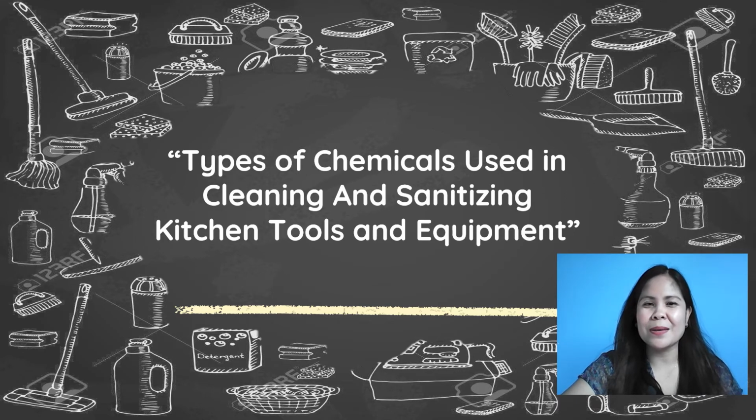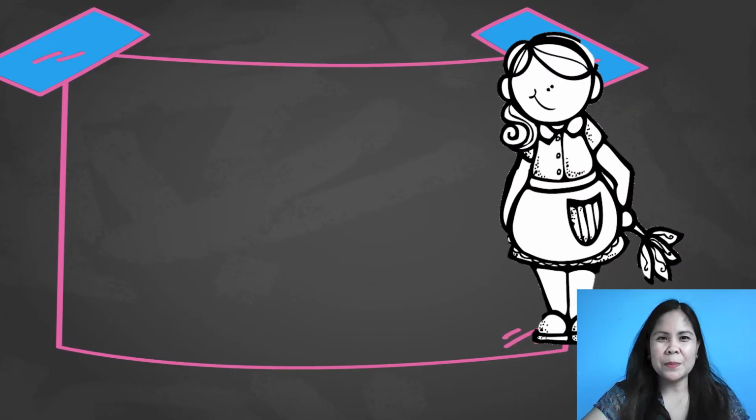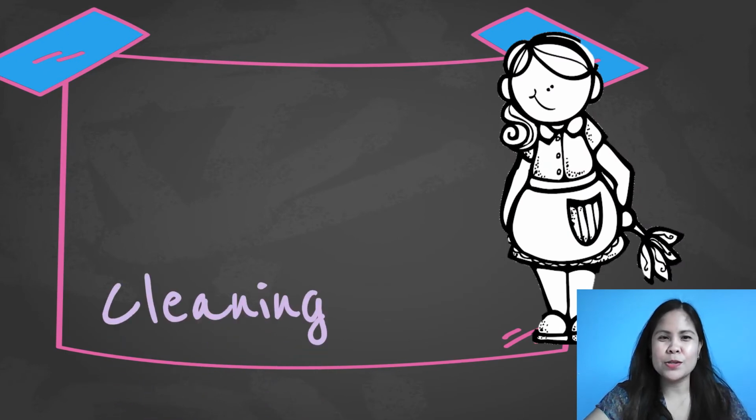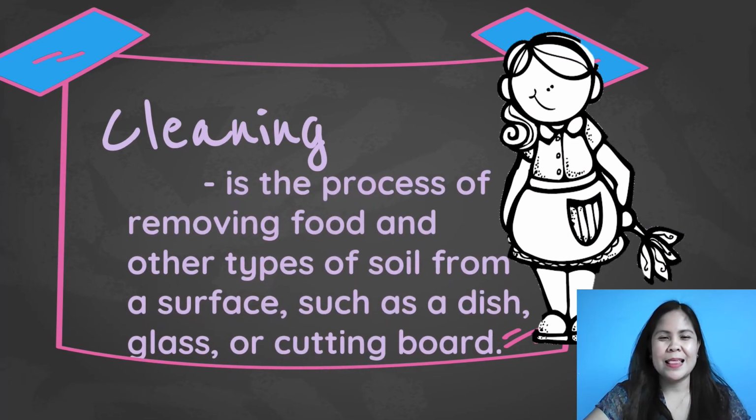What are these chemicals, how do they function, and how are they used? So let us now proceed to the different cleaning compounds. But before that, let us first define the word cleaning. It is the process of removing food and other types of soil from a surface, such as a dish, glass, or cutting board.